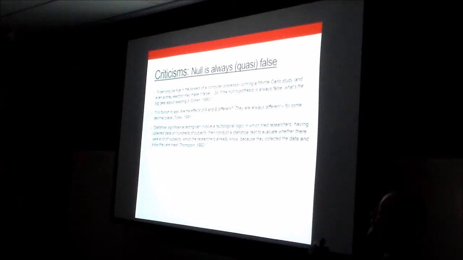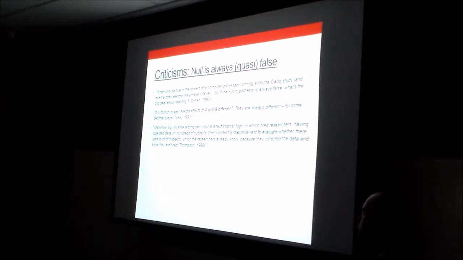As my sample size starts to increase to infinity, my power to detect vanishingly small effects increases. And so the argument is, if I've collected a ton of data, and I already know that the null hypothesis is false, why am I doing statistical tests to just tell me that I've collected enough people to tell me that the null hypothesis is false, which theoretically I already know, and it starts to become circular in this way.